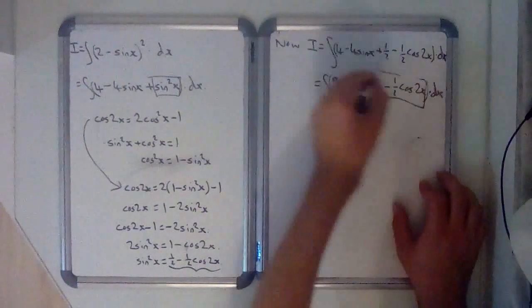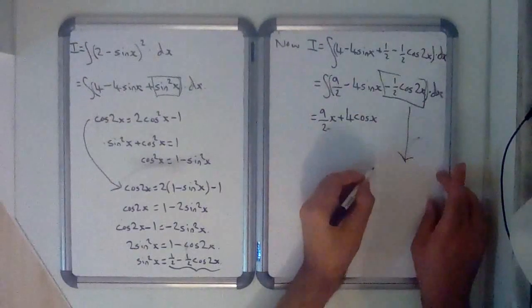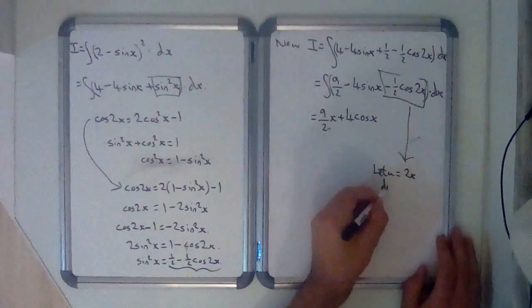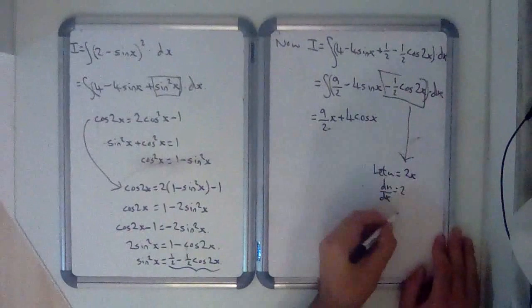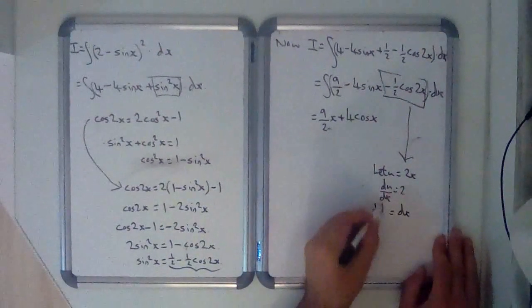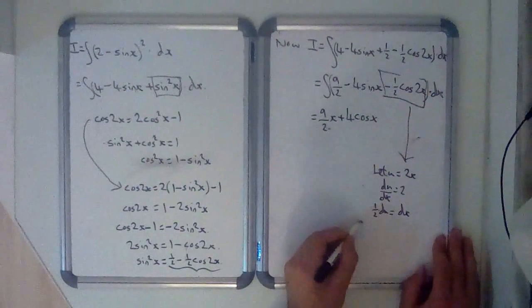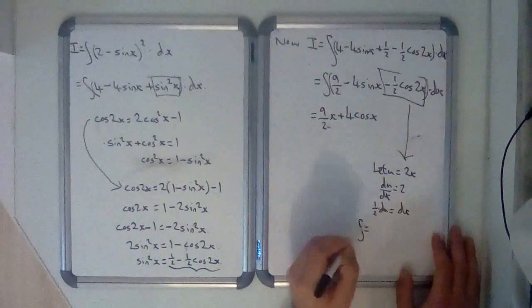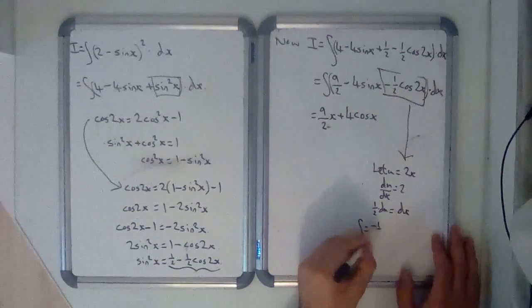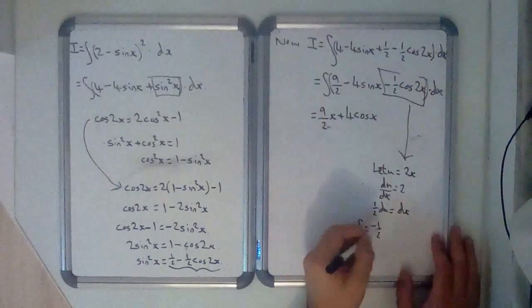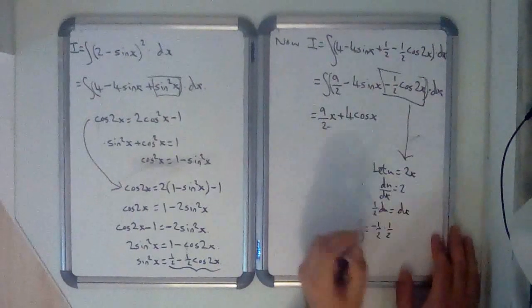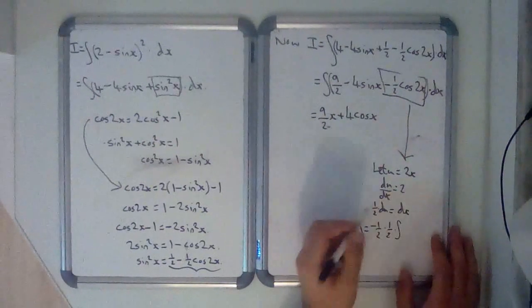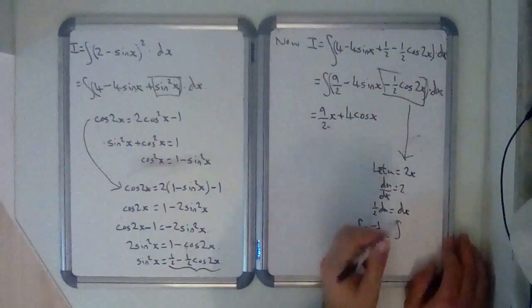So let's say if we get this and put it down here, we say let u equal 2x, du by dx equals 2, dx equals a half du. So now you might say the integral, or I, equals minus a half, the minus a half that was already there, times the other half, times the integral of cos u du.